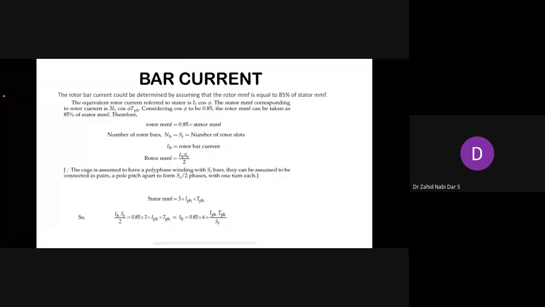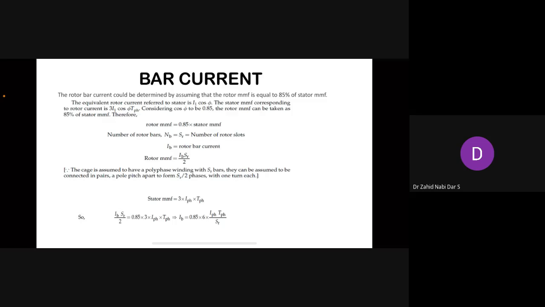Let us assume the number of rotor bars Nb is equal to Sr, which is the number of rotor slots. Let Ib be the rotor bar current. To find the rotor MMF, we know that rotor MMF equals Ib into Nb divided by 2. So Nb is equal to Sr. Therefore, the rotor MMF will be equal to Ib into Sr divided by 2.